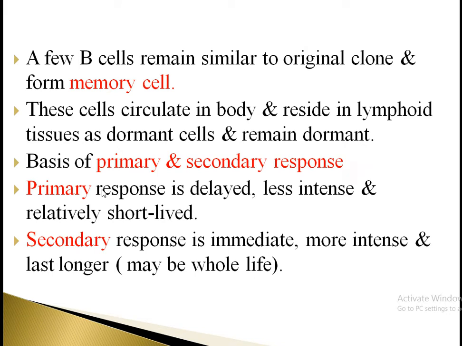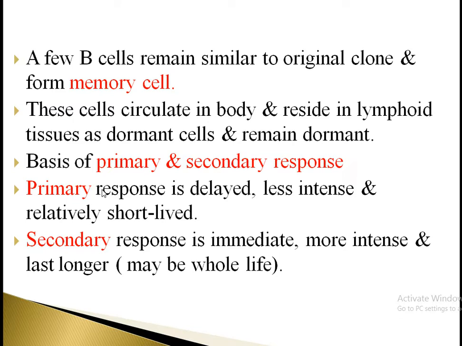Mainly that happens, but a few of the B cells remain as the original clone and are retained as the memory cells. These cells circulate in the body and reach the lymphoid tissues for the production of the secondary response.